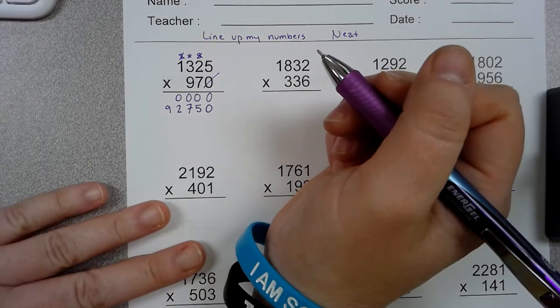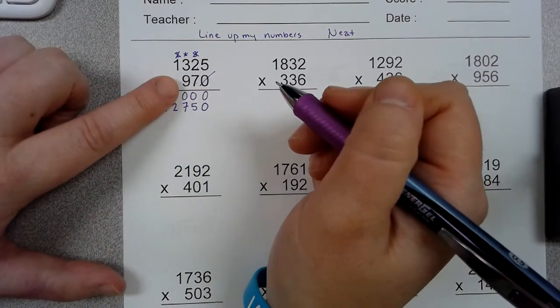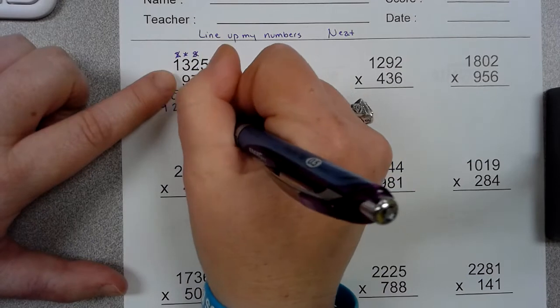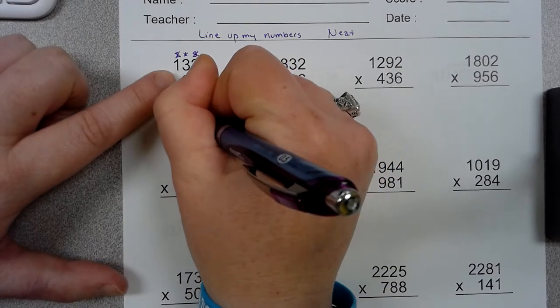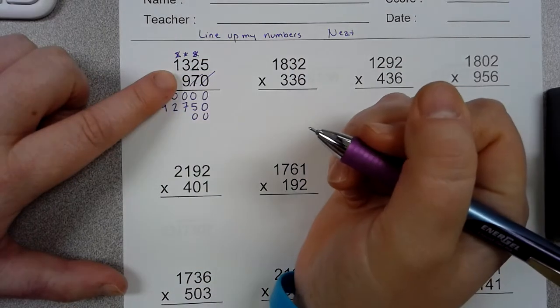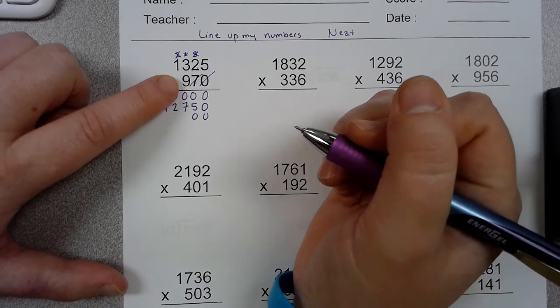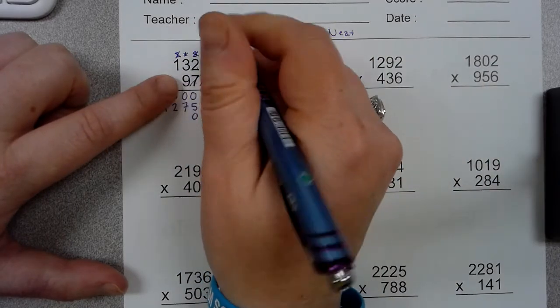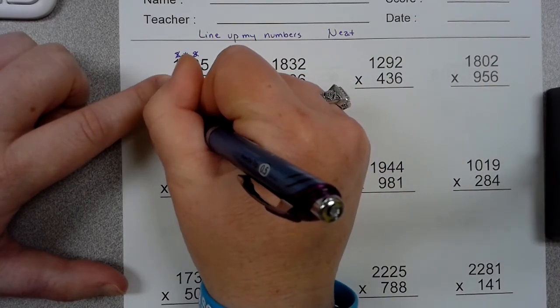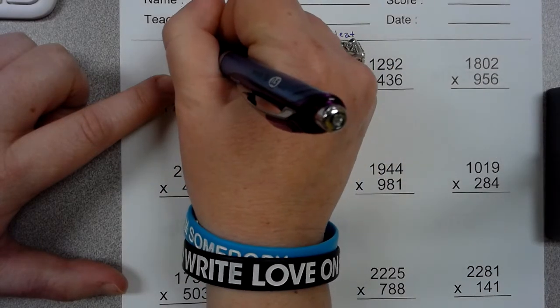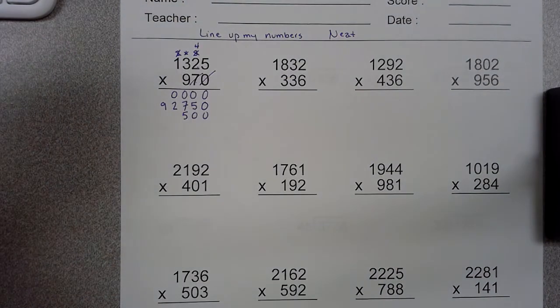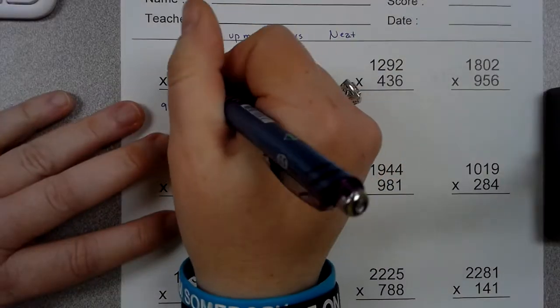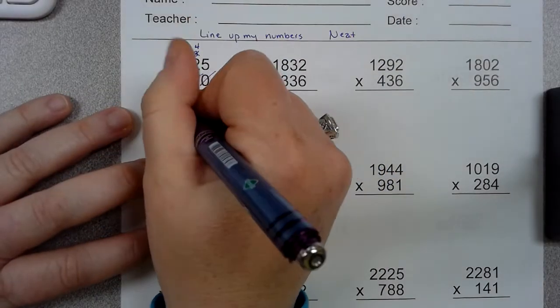All right. Now we're moving over to the hundreds place. So that means I got to put 2 zeros. Now I'll just work it. 9 times 5 is 45. 9 times 2 is 18. 18 plus 4 is 22.